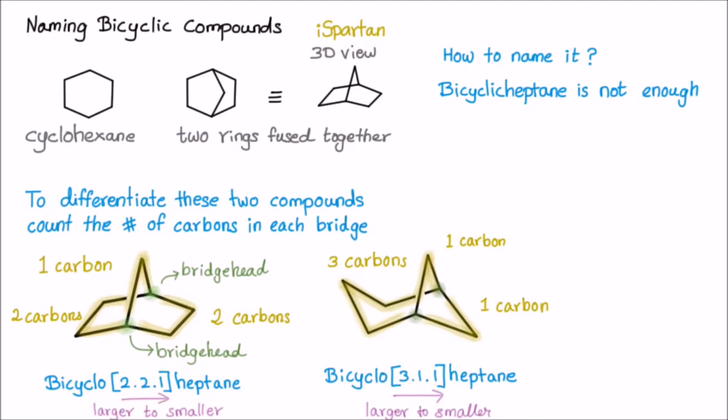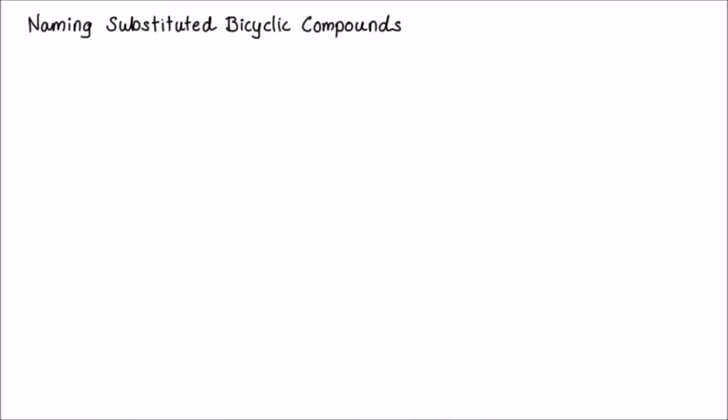That means the longest bridge is first and the shortest bridge is last. So these are the bicyclic compounds without any substituent. That's the parent structure, and you all know how to name the parent structure. Now let's go to a bicyclic compound that has some substituents.